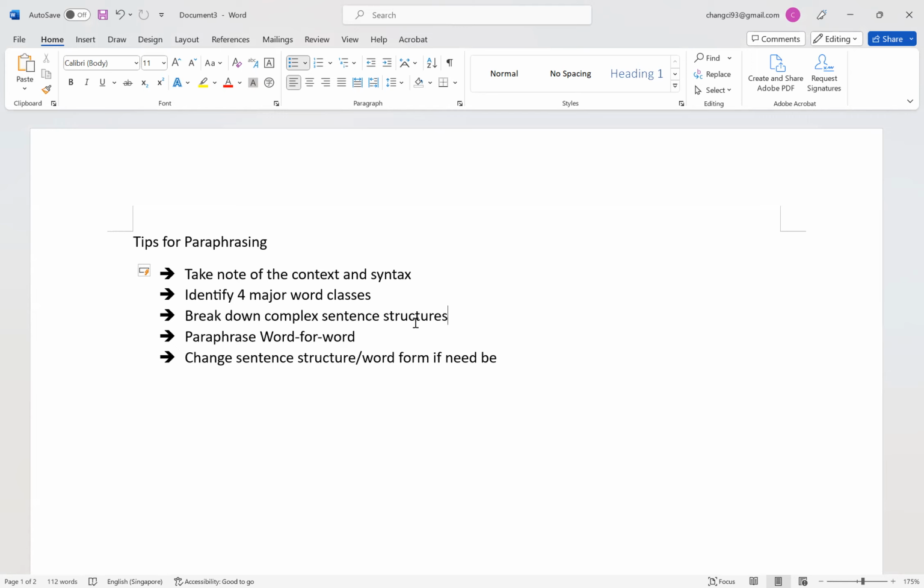So things like dashes or semicolons, or even, why am I spacing on the last one? Commas.